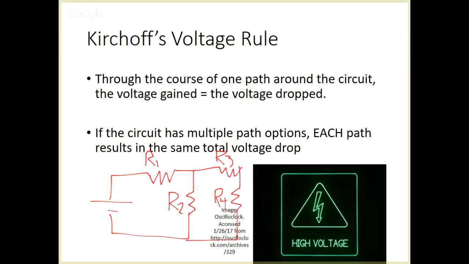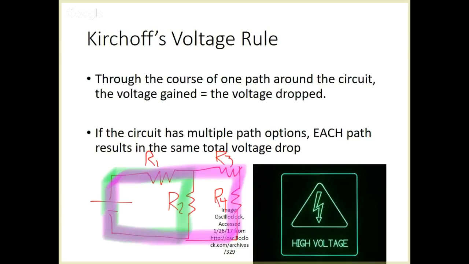In this case, I could use this path, which I'll highlight in green. That takes me from R1 to R2 and back to the battery, or I can go over this purple path, R1, R3, R4, and back.